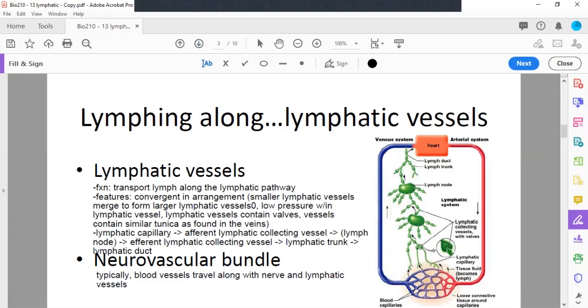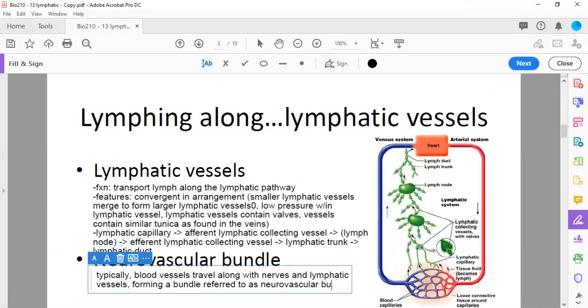And we're going to go back to the word nerves. When they travel together, they form a bundle referred to as a neurovascular bundle.